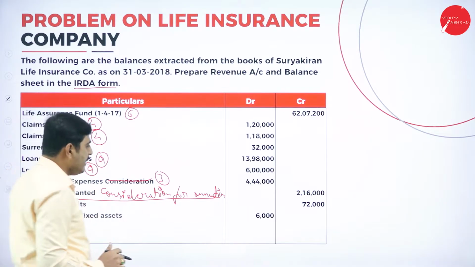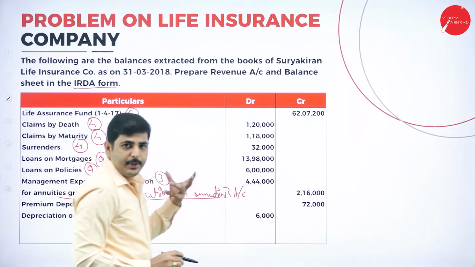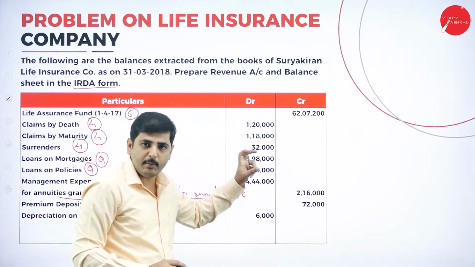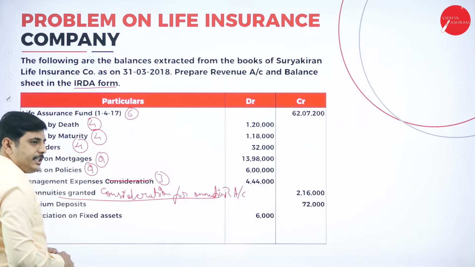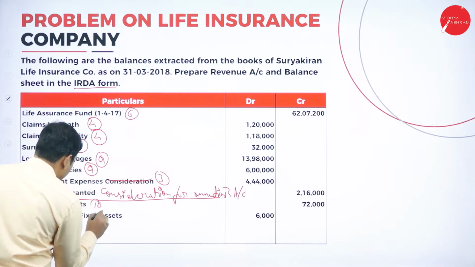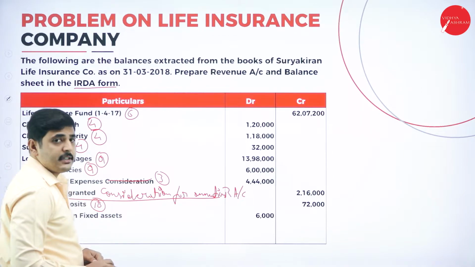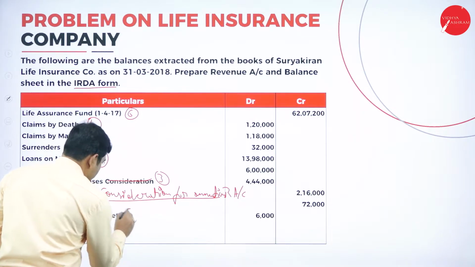We can add it in the revenue account to the premium. So after schedule number 1, write the premium total amount and we can add it in the revenue account. Next one, premium deposits, schedule number 13, current liabilities. Next one, depreciation on fixed assets. It is an operating expense, schedule number 3.